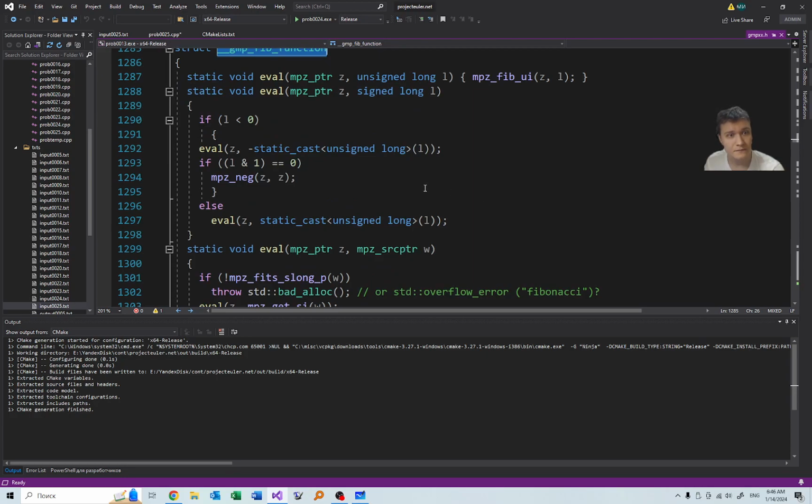But it does it with, what's called, binary exponentiation, I think.